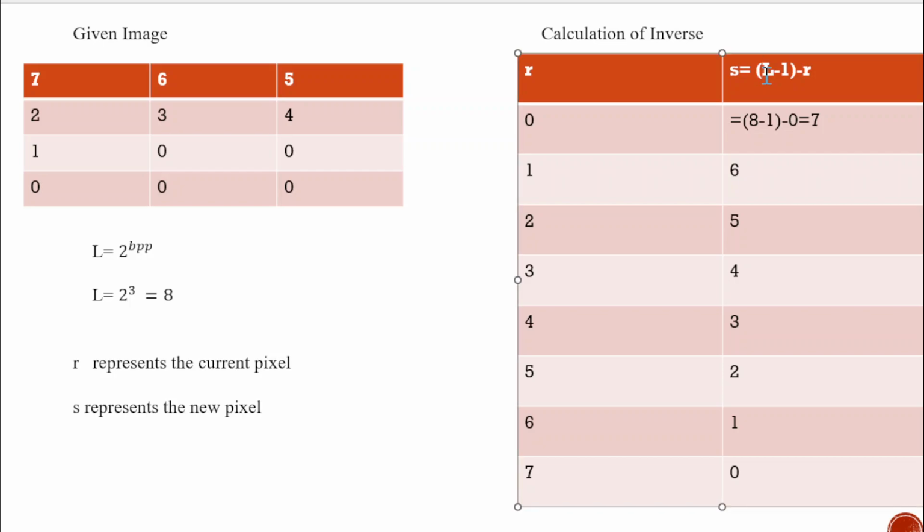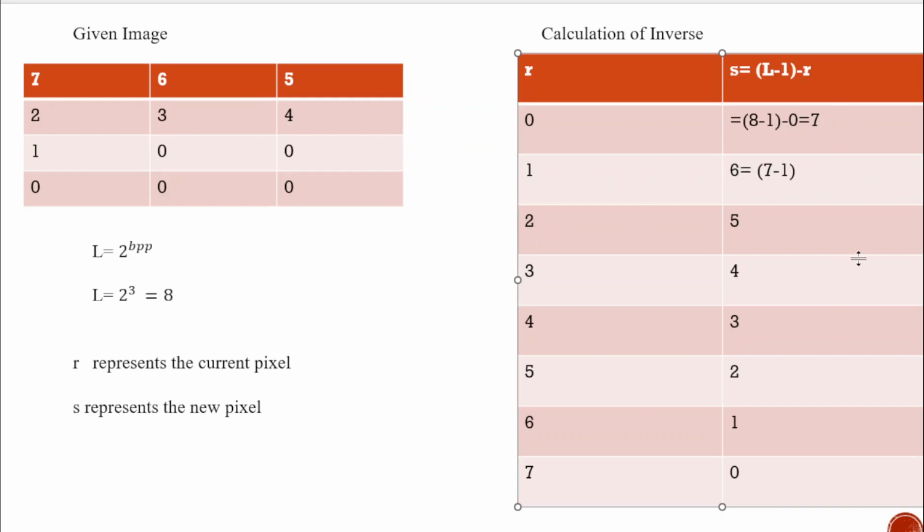L here is 8, so L minus 1 becomes 7. So 7 minus the current pixel value, which here is 0, becomes 7. Similarly, since the formula has become 7 minus R, 7 minus 1 is 6.